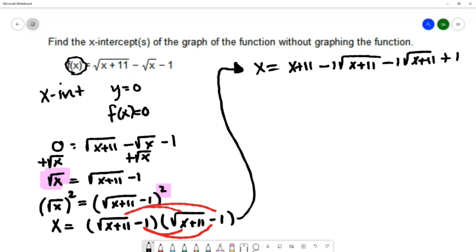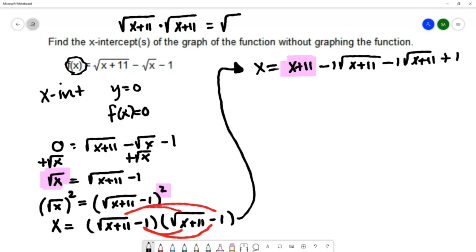So before I go any further, I want to make sure you understand how we got each one of these parts. So let's pause on this part right here, how we got x plus 11. I'm going to write up here, we're multiplying square root of x plus 11 times square root of x plus 11.